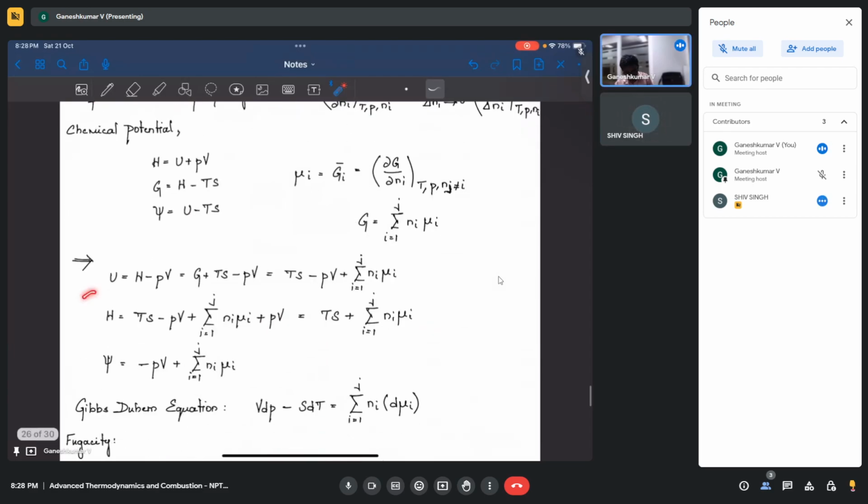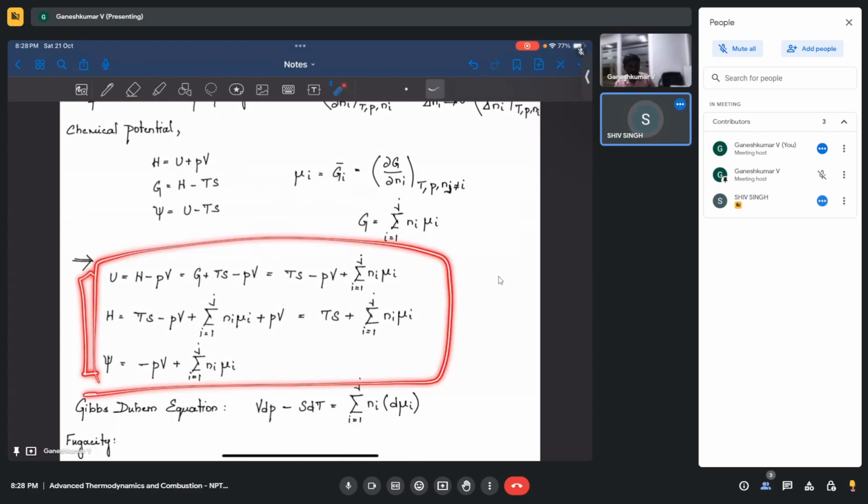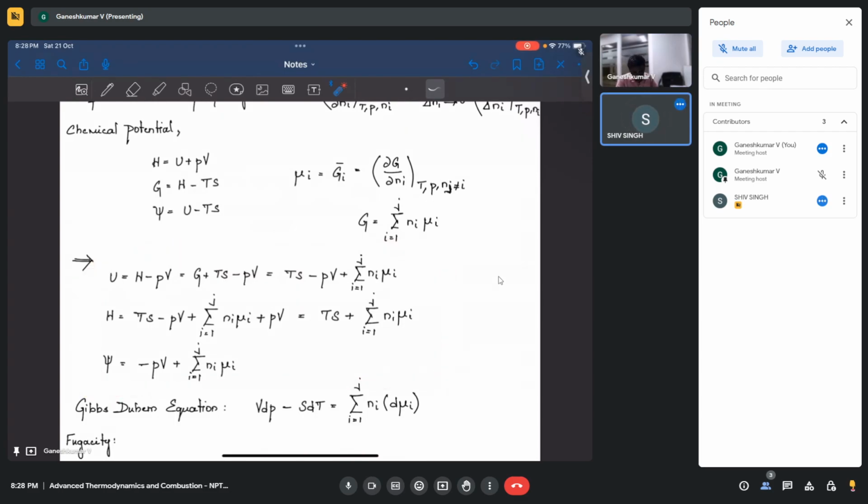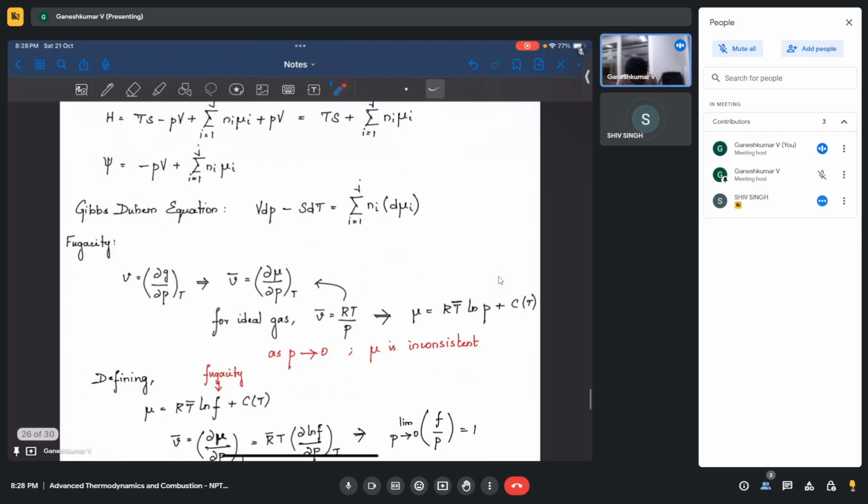So we have internal energy to be H minus V, enthalpy to be Ts. So this is how we define it for a mixture. And then we have the Gibbs-Duhem equation.